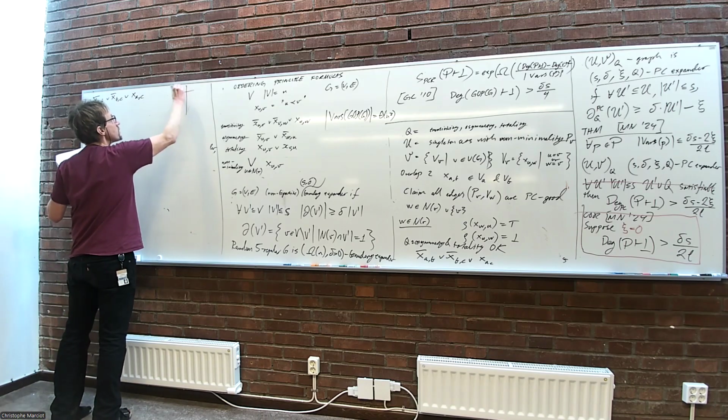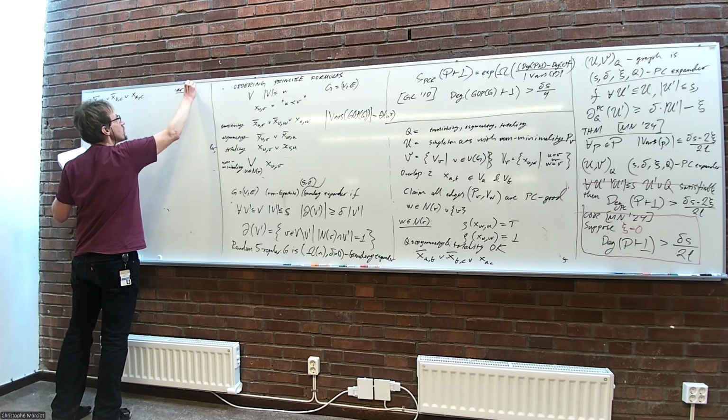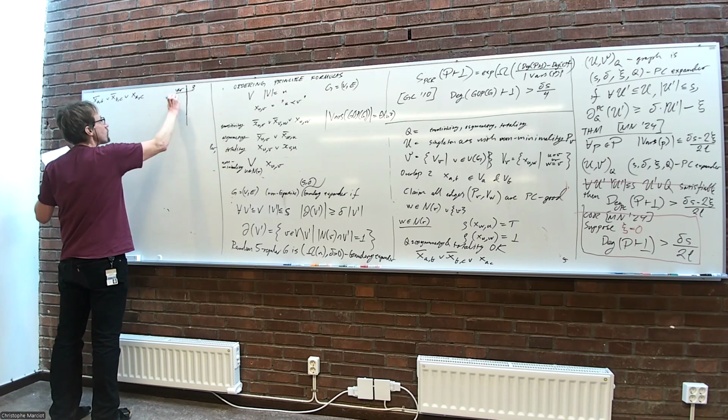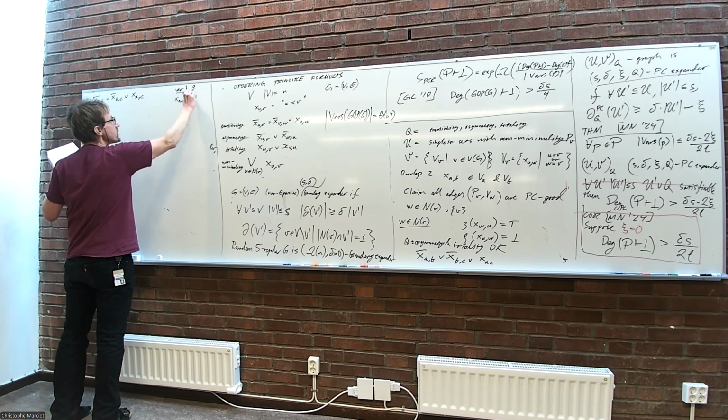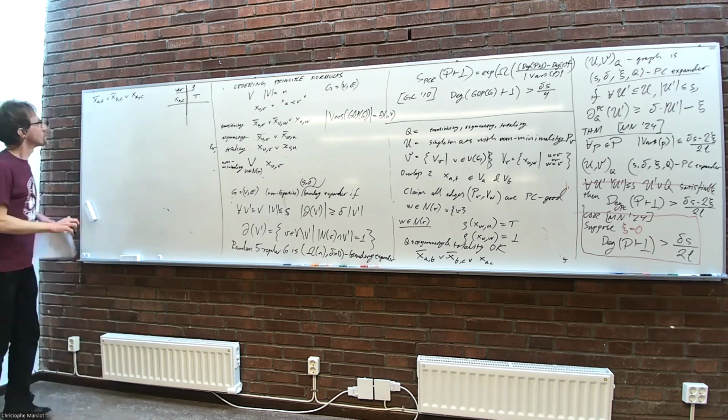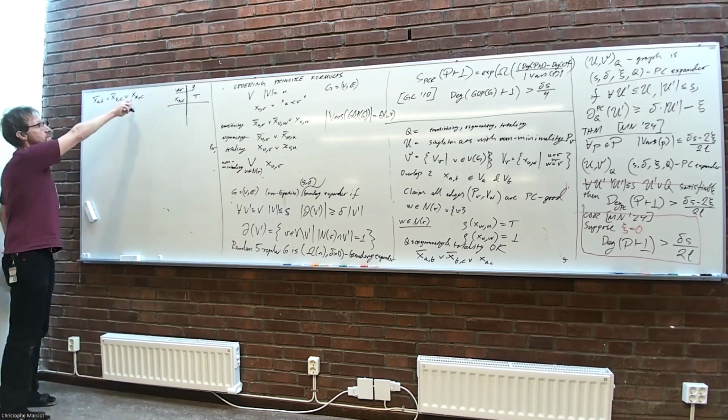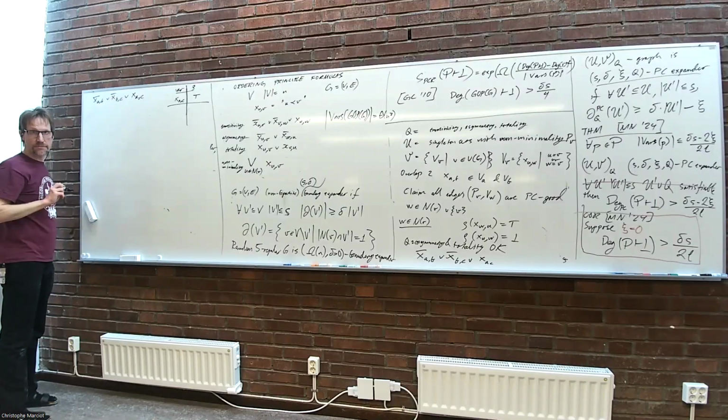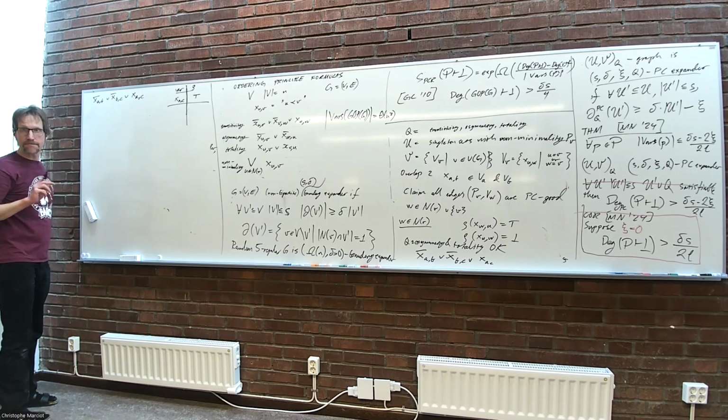So here's the variable. Here's rho. Suppose that xac is true. Well, then we're happy. Is there a question? Right?